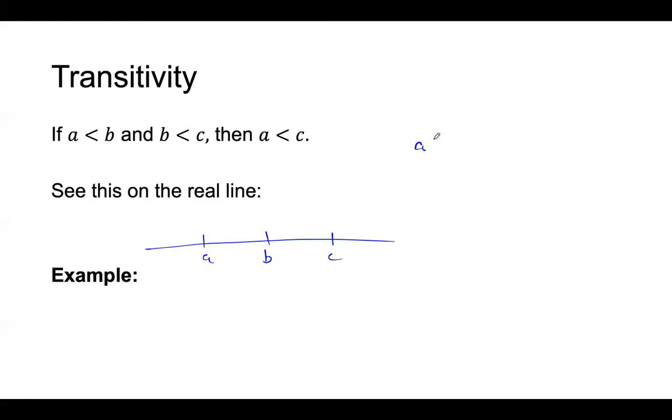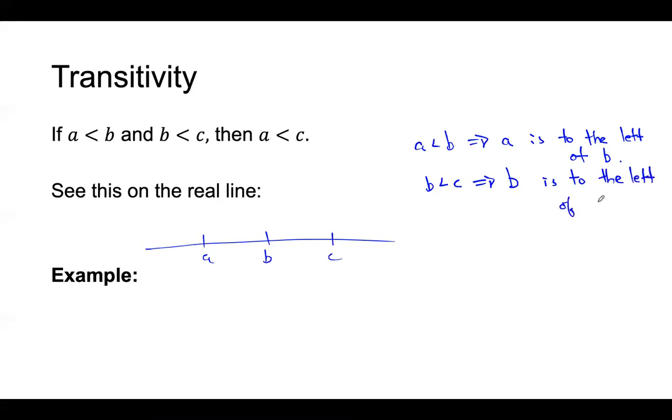So we see that A is less than B just implies A is to the left of B. And if B is less than C, this implies B is to the left of C. Which implies A is to the left of C, which implies, therefore, A is less than C. So you can see this.